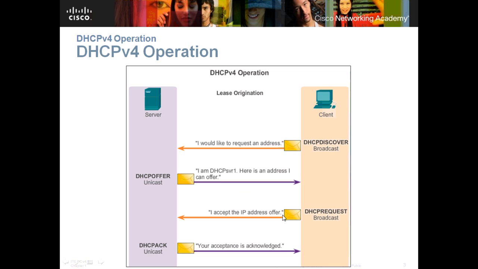And then if the client accepts, the client will send the DHCP request broadcast message to inform that he has accepted the IP address offered by the DHCP server. And the last is the server will send the DHCP acknowledgement to acknowledge the client.